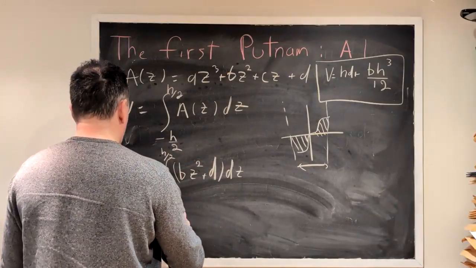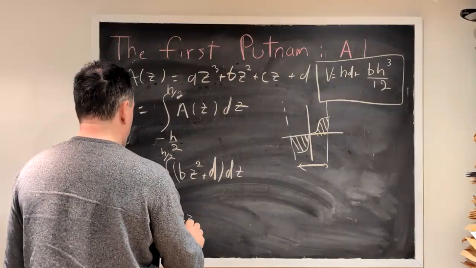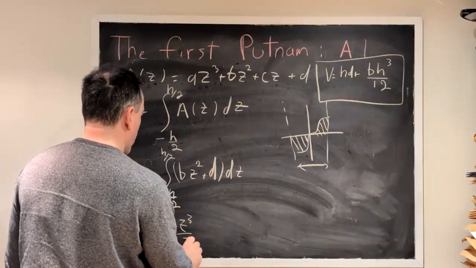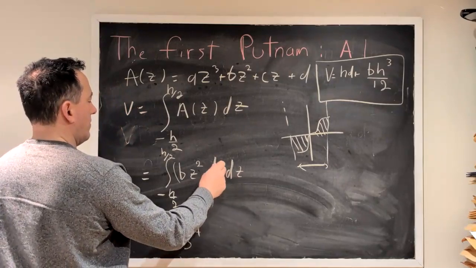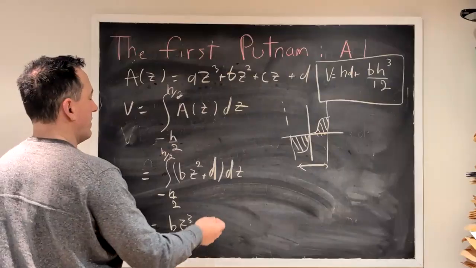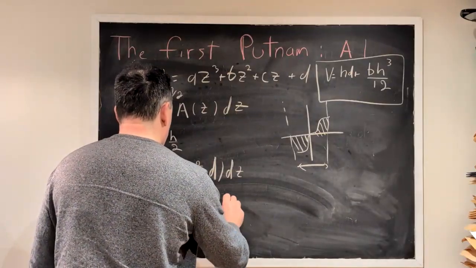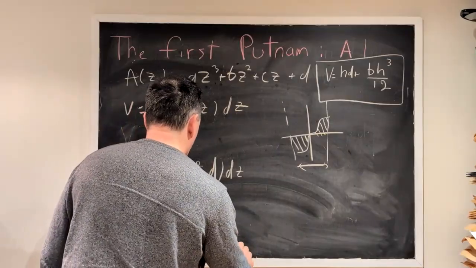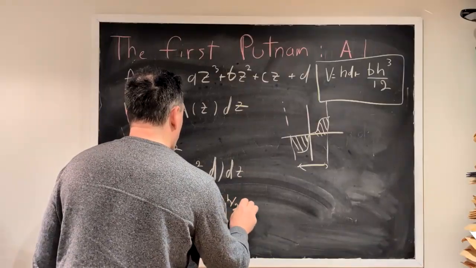So this is equal to b z cubed over 3 plus, the constant term d will become d times z. And we go from minus h over 2 to h over 2.